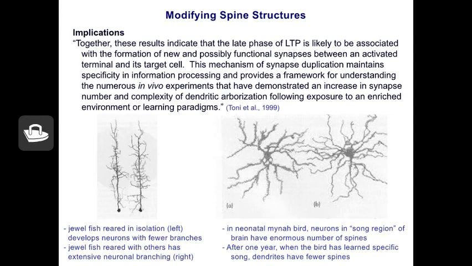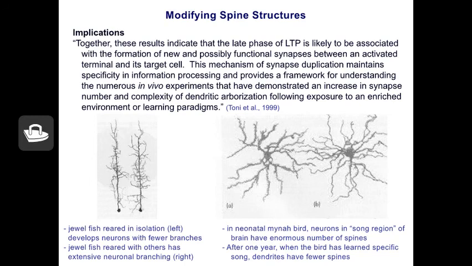Now, there's nothing specifically incorrect about this statement. However, I feel like it misses part of the bigger picture, or it just doesn't address that bigger picture. They seem to want to attribute learning and the impacts of enriched environments to formation of multiple spine profiles.